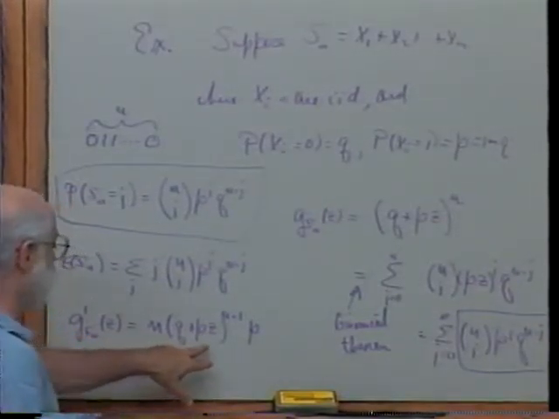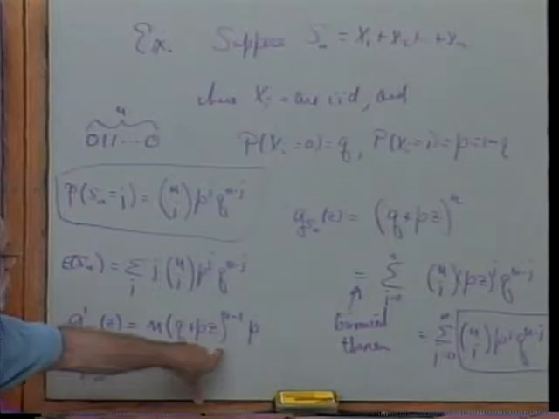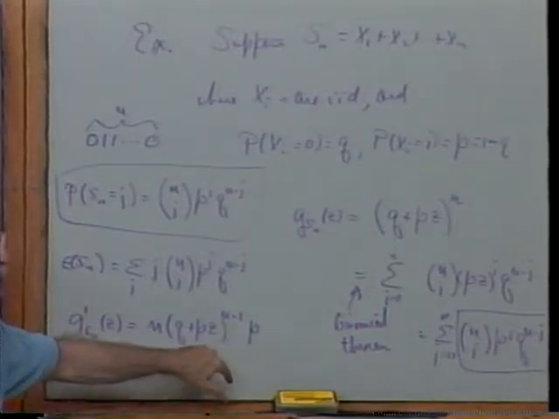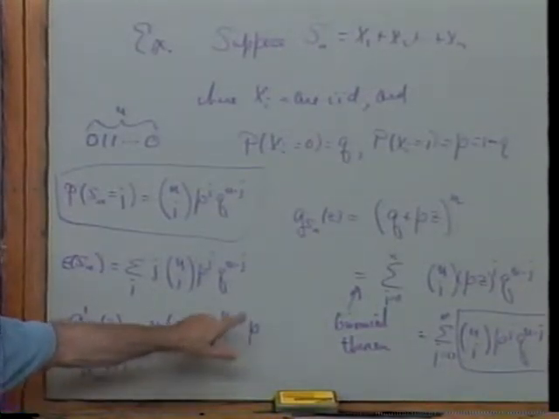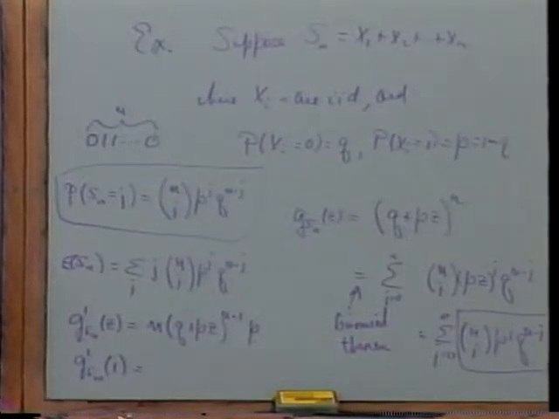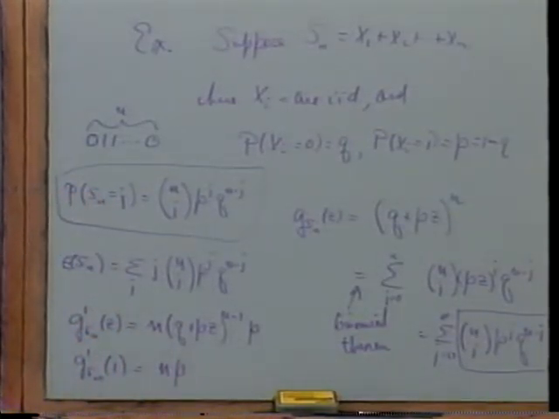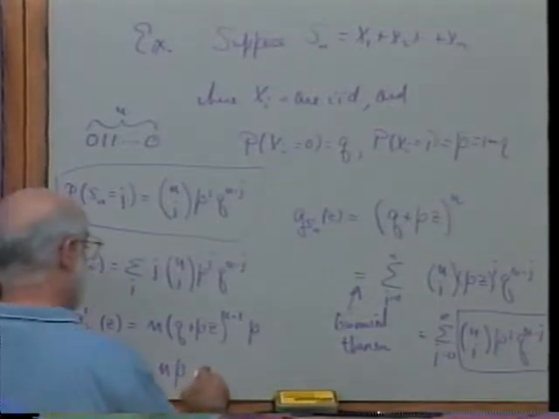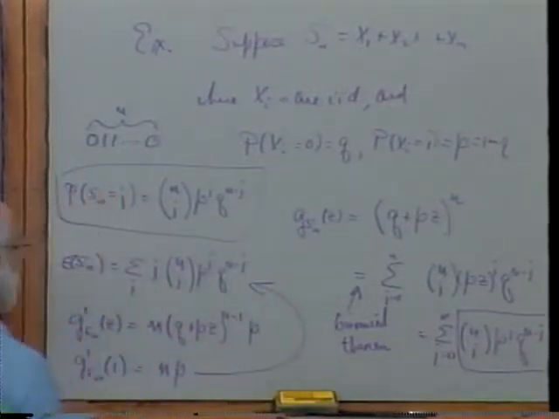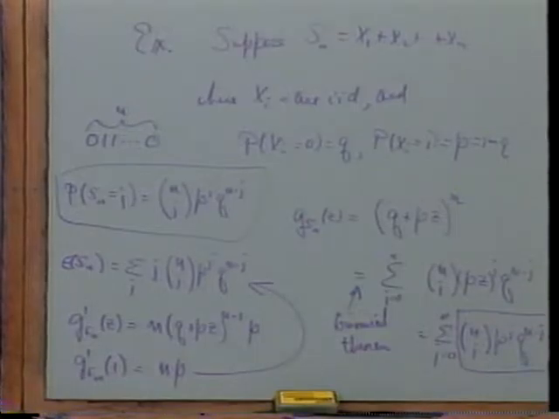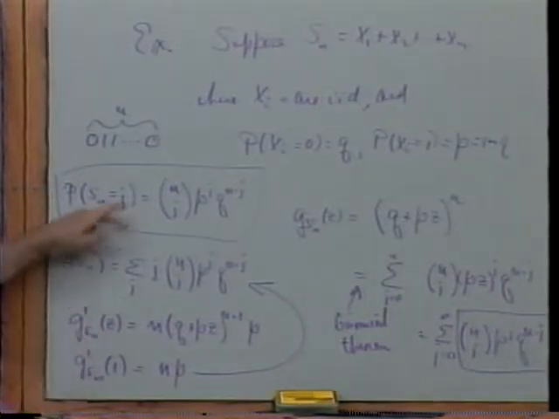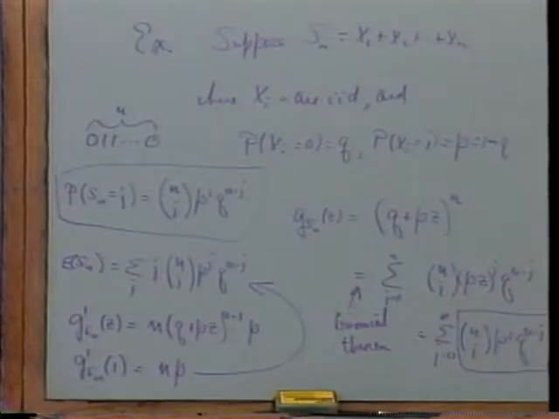When I set z equal to 1, the thing inside the parentheses becomes q plus p, which is 1. 1 raised to any power is 1, and I'm left with np. And of course, we already know that that is exactly what I would get if I went through the work of evaluating that sum. The expected value of a binomial random variable with parameters n and p is n times p. So it works.